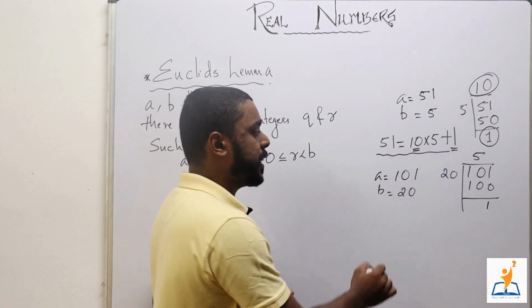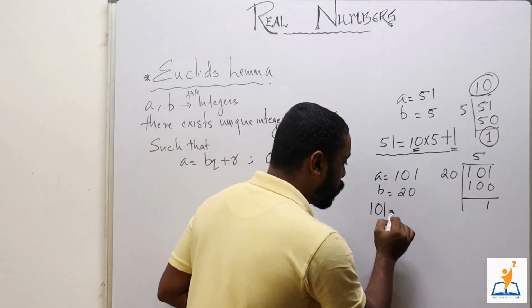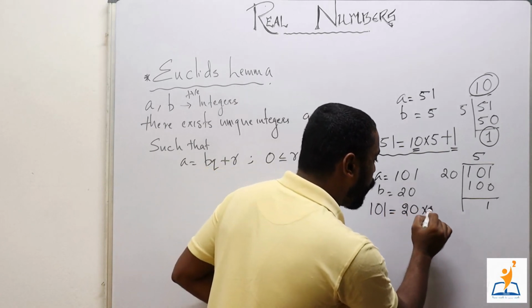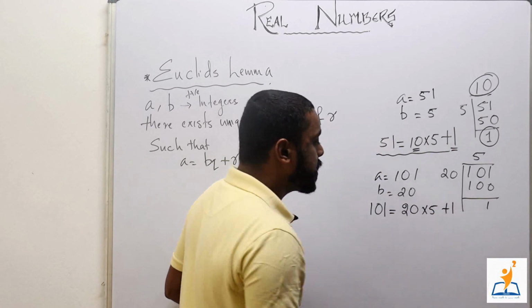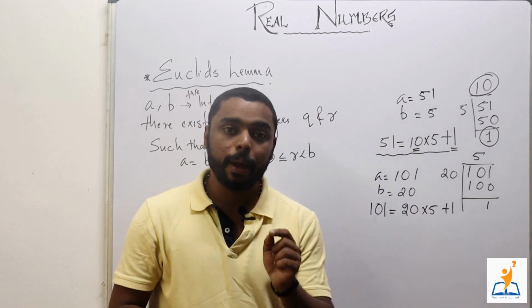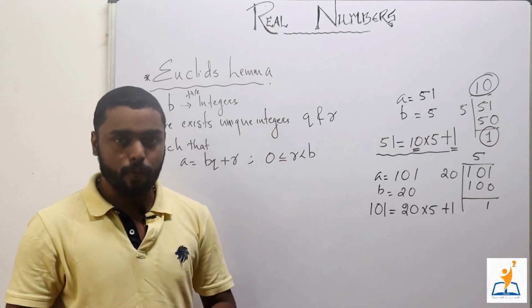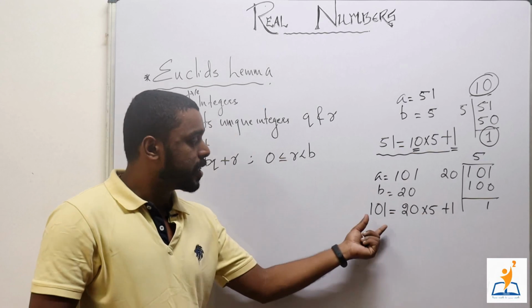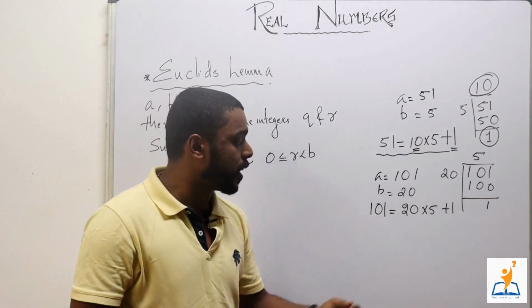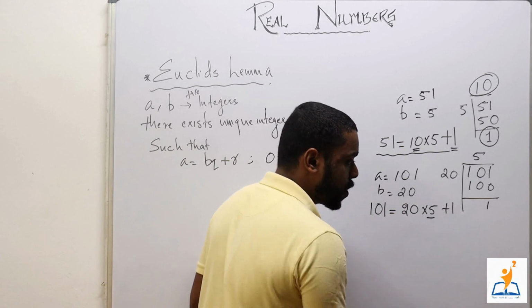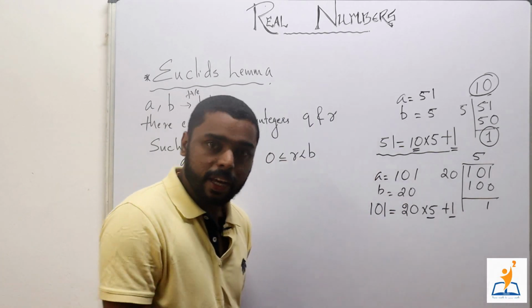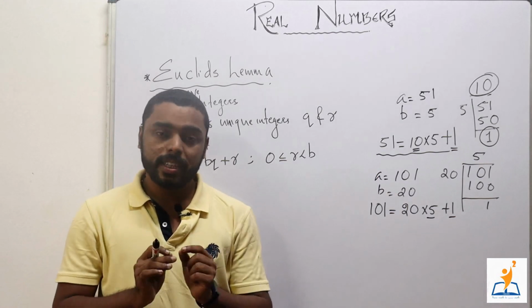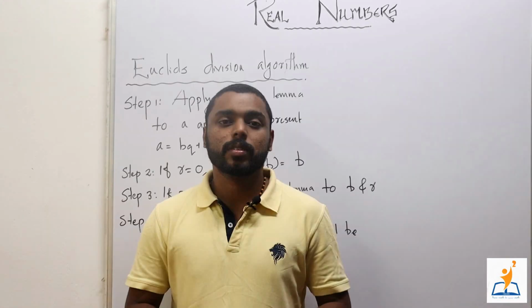Hence we can represent 101 as 20 into 5 plus 1. See, here also we are able to represent the bigger integer 101 in terms of the smaller integer. Here we got q as 5 and r as 1. Here also 1 is less than 20. The condition is satisfied. This is Euclid's division lemma.